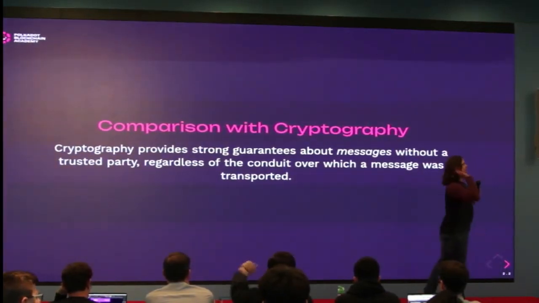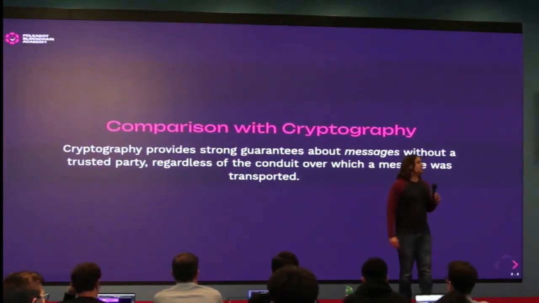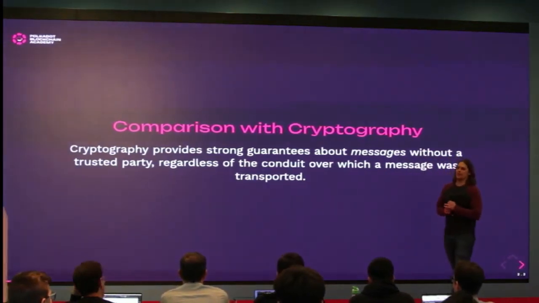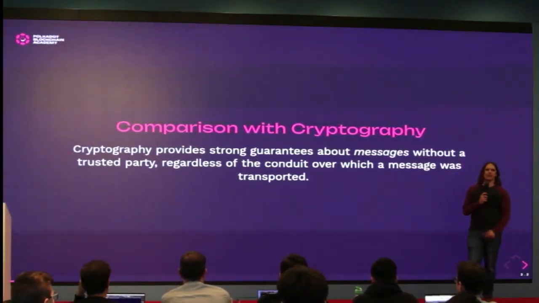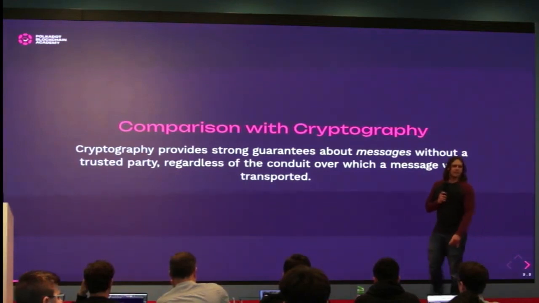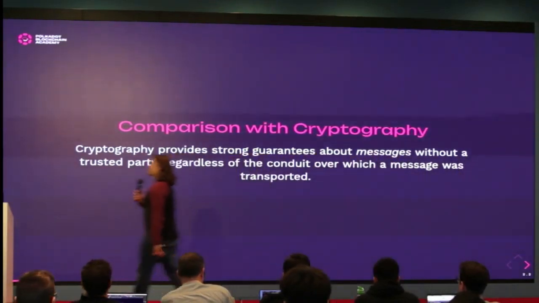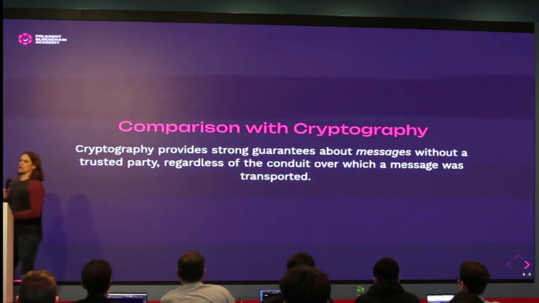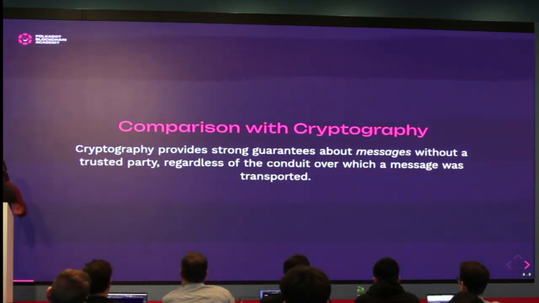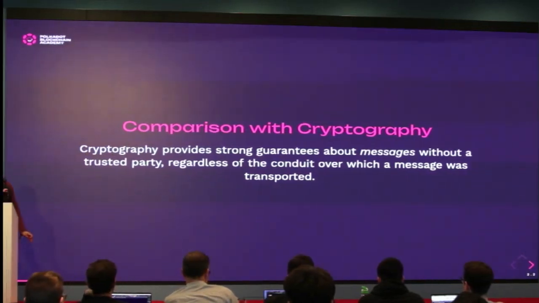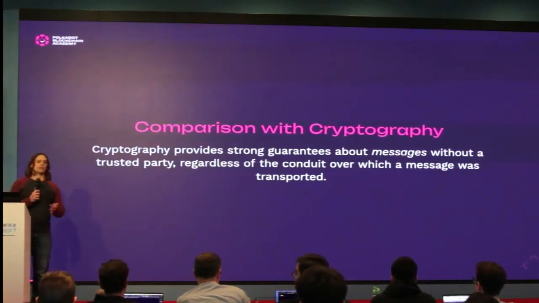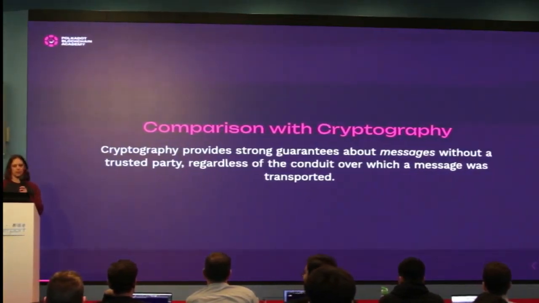Yell it out really loud, I didn't hear you. Yep, non-repudiation, okay. What's another one? Integrity, yep. Authenticity. Yep, good. You guys are killing it, that's awesome. So we want to have these same strong guarantees, not only about sending messages across a wire, but about whole complex systems that we operate with, like a currency system or a political system.